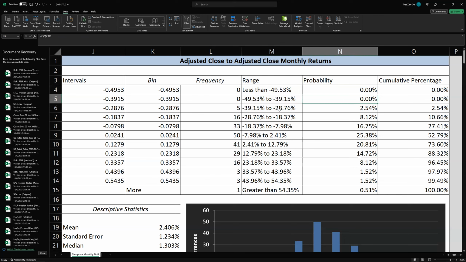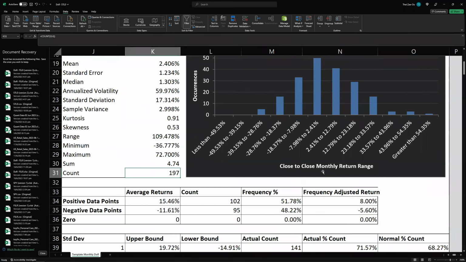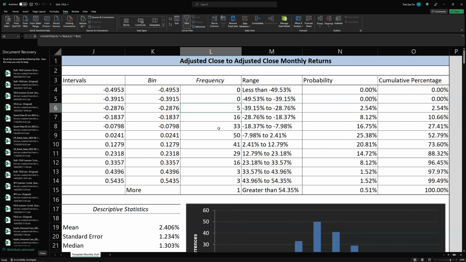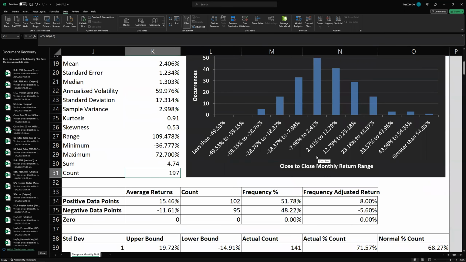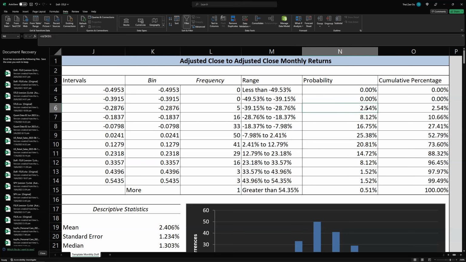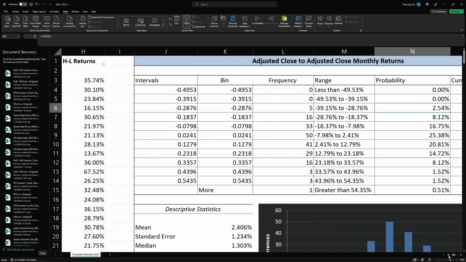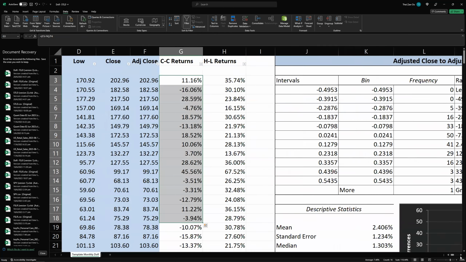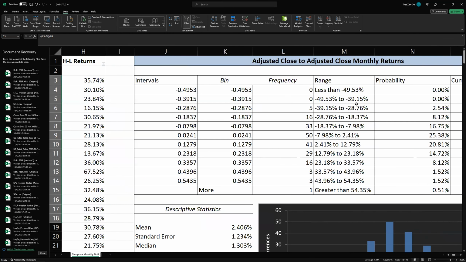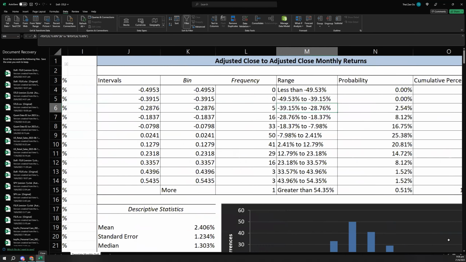And now, how many times did First Solar return negative 28 to negative 39%? There are 5 counts. And the probability is 2.54% because there's a total of 197 counts. If you take 5 over 197, you will get 2.54. So that's basic calculation. Of course, if you want to verify, you can go and find the moments where First Solar achieved returns within this range. Now let's look at the next one.